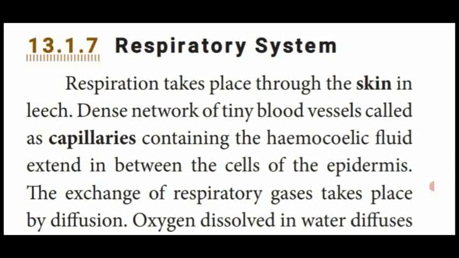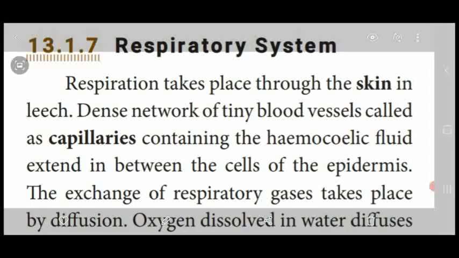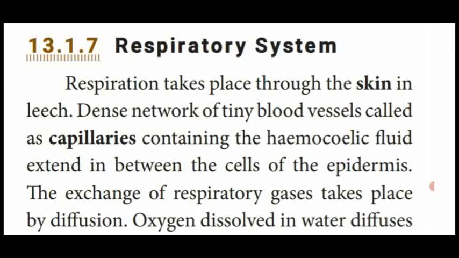So in the previous pages, we have seen the body wall of the leech, which is made up of cuticle, epidermis, dermis. Like that we have seen the different layers of the body wall. So here the blood vessels in the form of a network, called capillaries, contain the liquid substance called hemocoelic fluid, which extends between the cells of the epidermis.